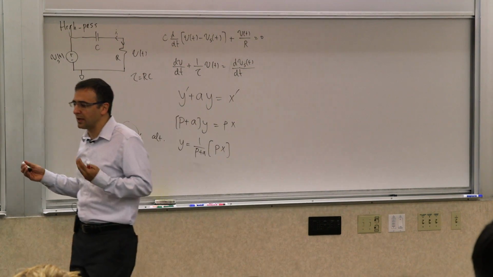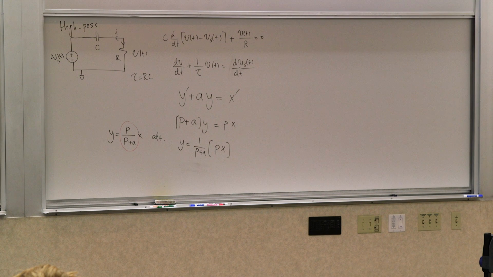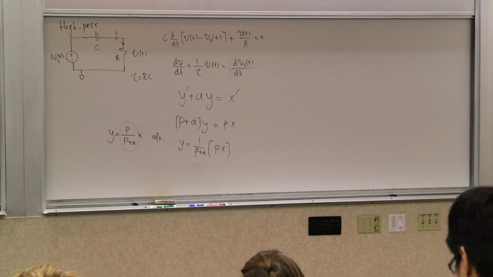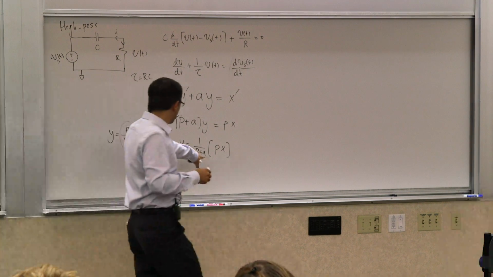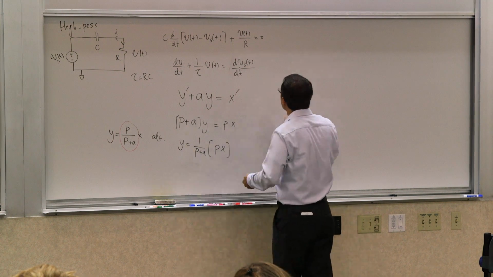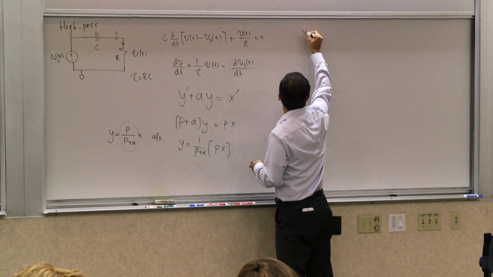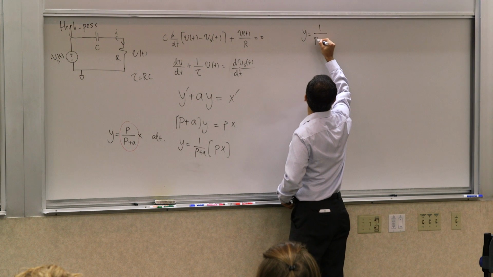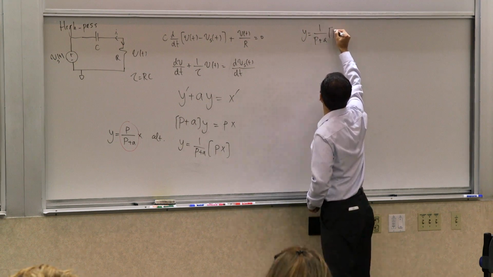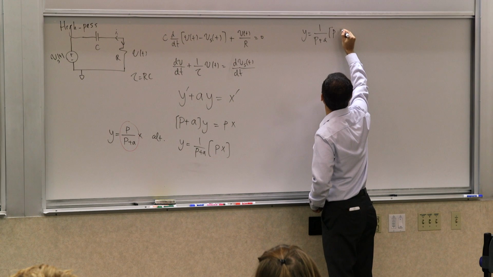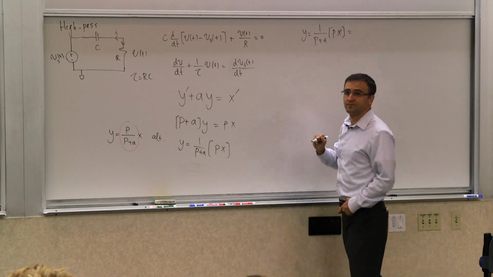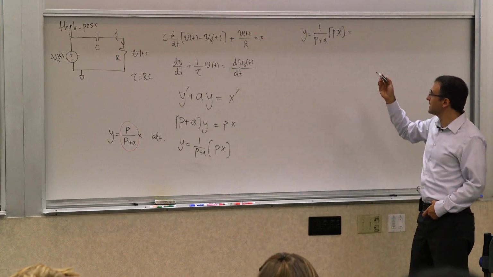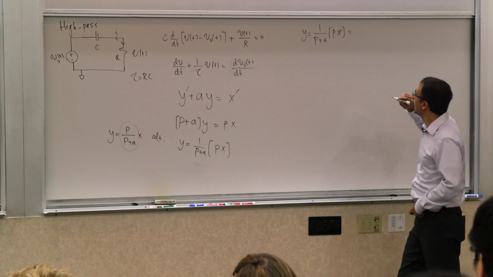So let's go back and calculate what this basically looks like for a practical situation. So let's use this way of solving this problem. So let's say y is 1 over p plus a of p of x. So let's apply it to see what we get.